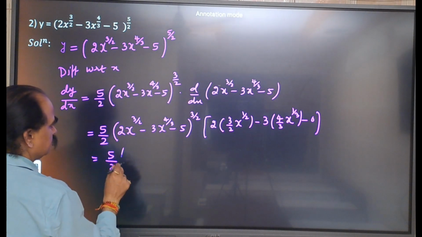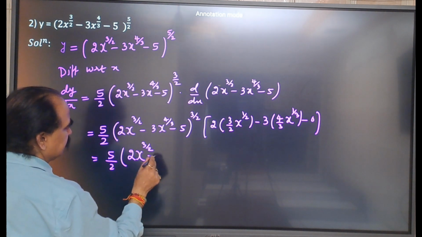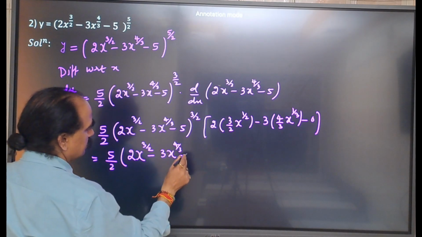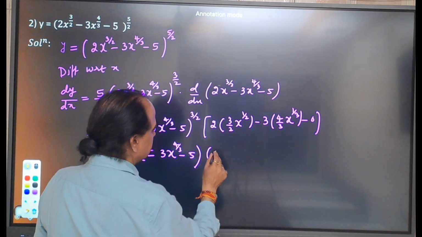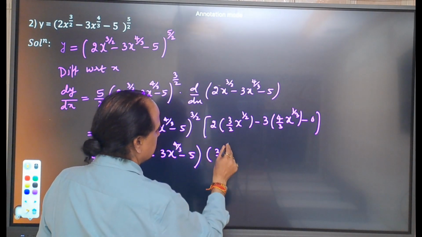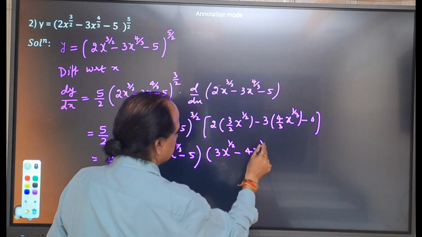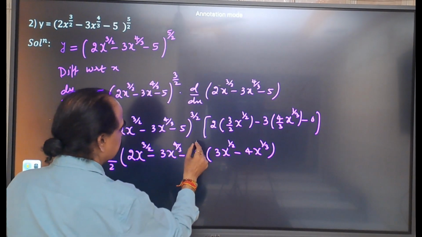The 2 cancels. Raised to 3 by 2 is there.